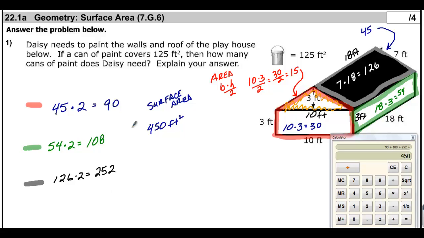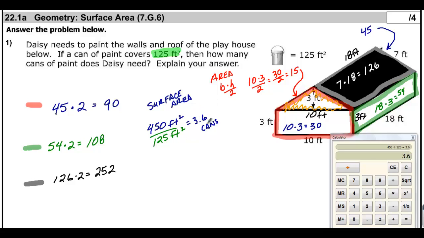Now, we're told in the problem a can of paint covers 125 square feet. So we have to divide this by 125 square feet. I said cubic accidentally, and I multiplied by mistake. 450 divided by 125 equals 3.6. 3.6 cans.